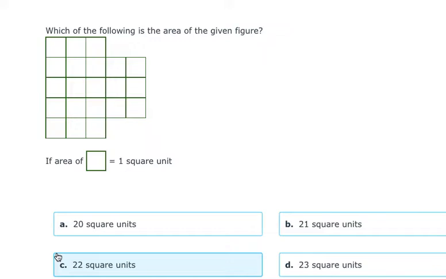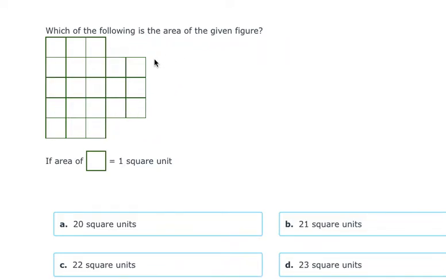Which of the following is the area of the given figure? If the area of one green square is equal to 1 square unit, how many squares are there? We just need to count how many squares there are.